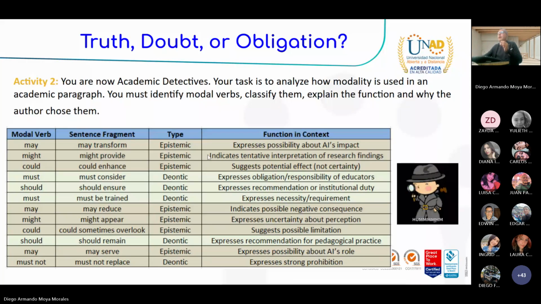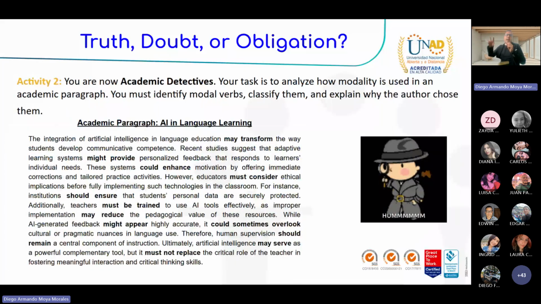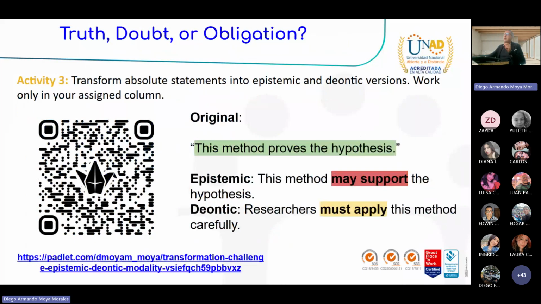Obligation and possibility, you see, and they are categorized in these two types. Okay, cool. I appreciate it if you take the picture and you can develop this activity later with more time in your house. And finally, the same situation we're going to do here.